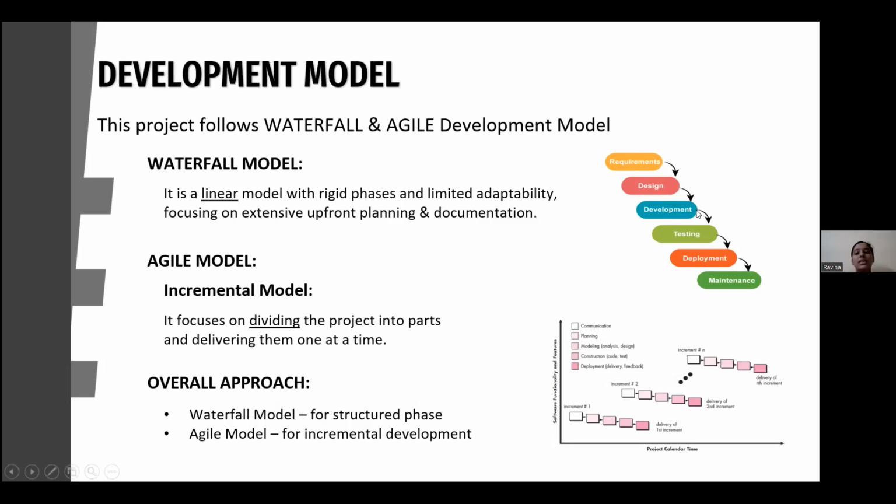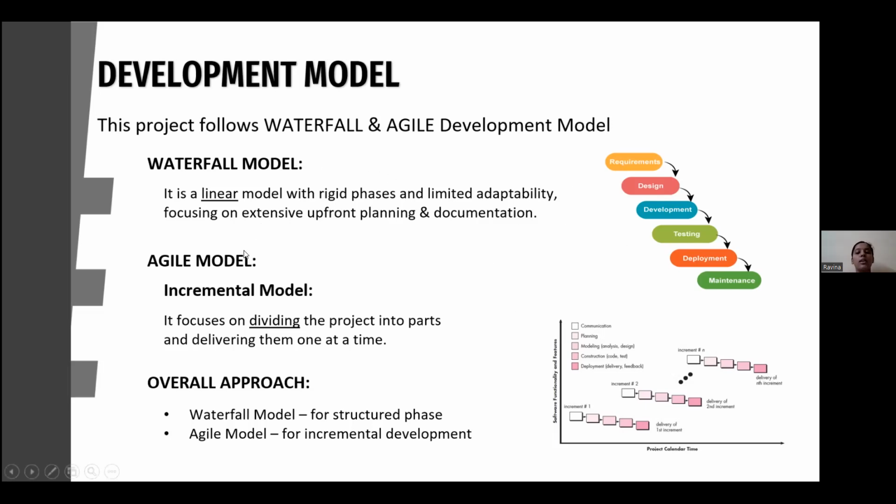Once we are done with the development part, it goes to testing. Then after debugging, we can deploy the website. And as usual, maintenance is done in all projects. So this is about the waterfall model.